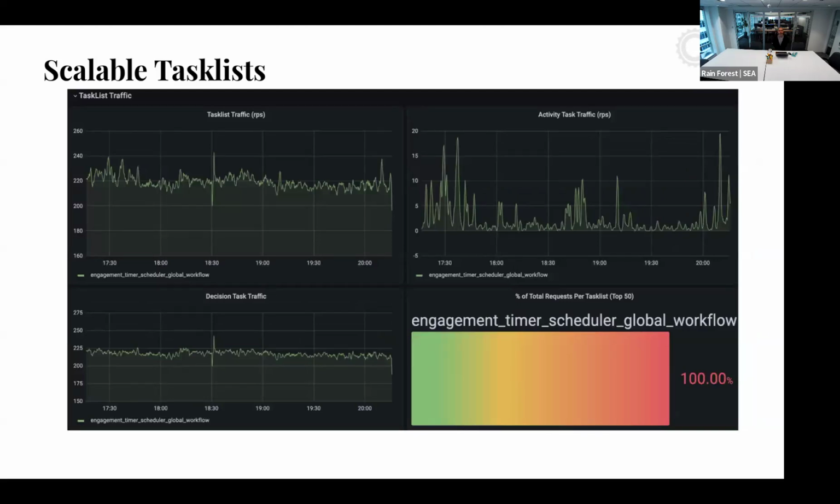The rule of thumb, as a recommendation, is whenever it is more than 100 requests per second, it might be a good idea to start considering partitioning. But if your matching host is doing well, if there is no backlog accumulation, it might be okay.